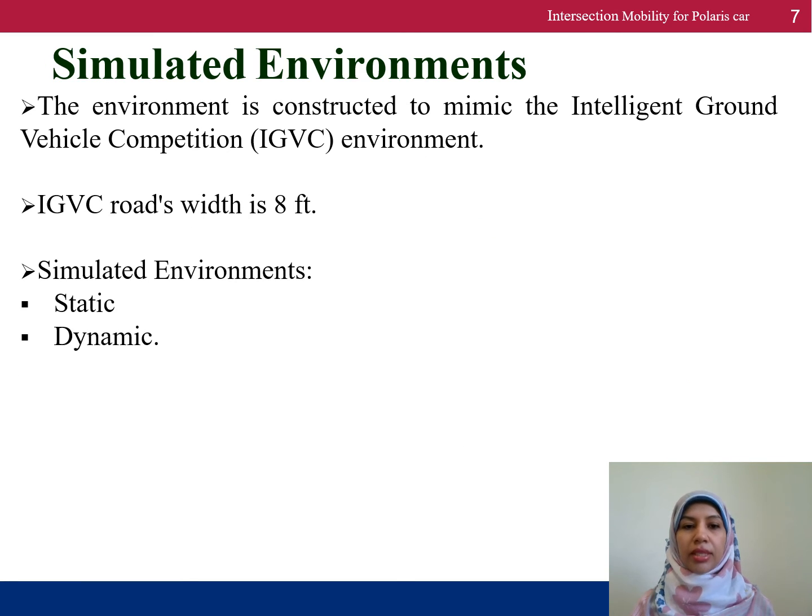Simulated environments. In this paper, the simulated environments are constructed to mimic the IGVC environment with an 8 feet road width. The simulated environments are classified into static and dynamic environments.